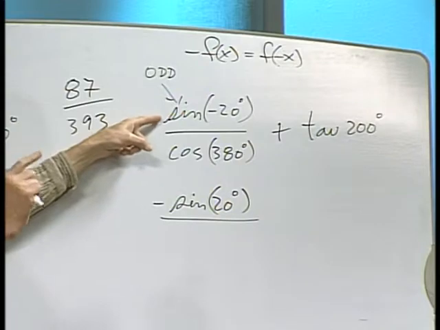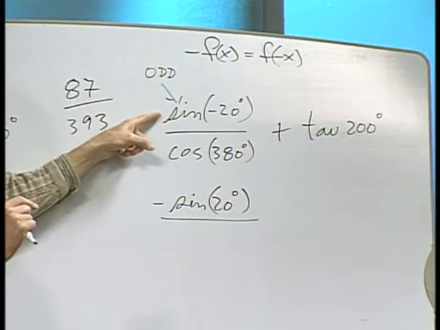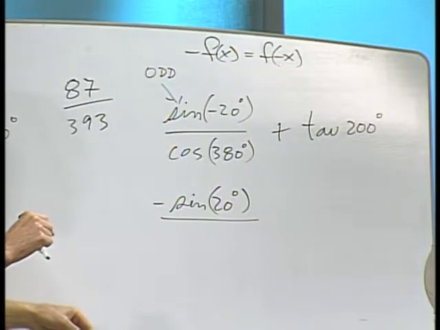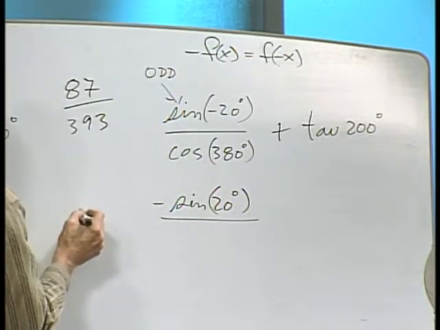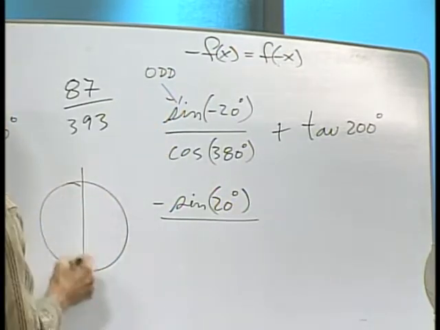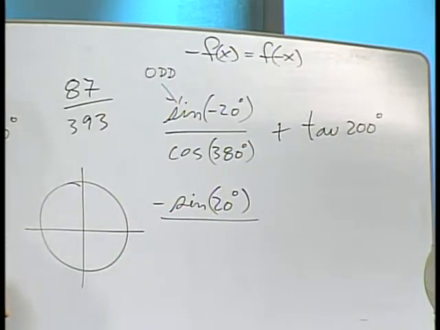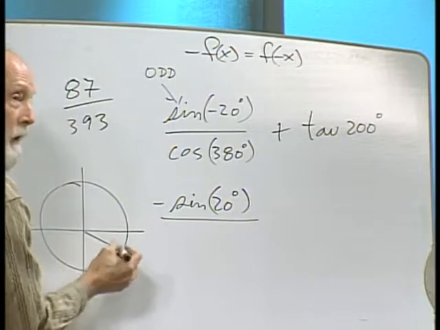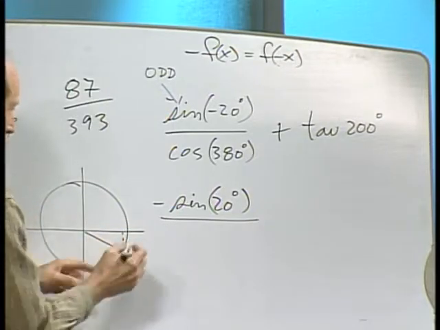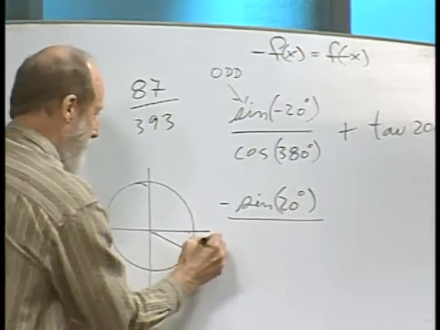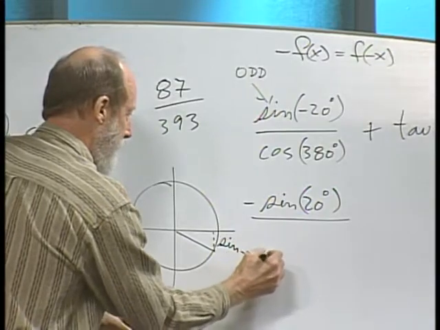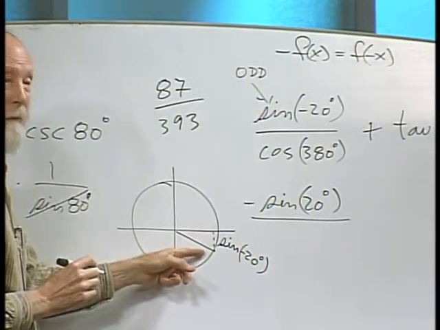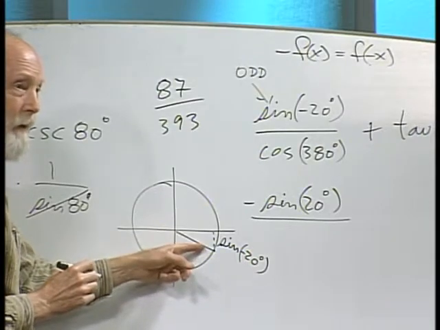Okay. Another way of thinking of this, if let's say you didn't remember this. Okay, let's go back to this for a second. If I'm at negative 20 degrees, that's down here. And this is the sine of that negative 20 degrees, isn't it? Right? Right there, that height.